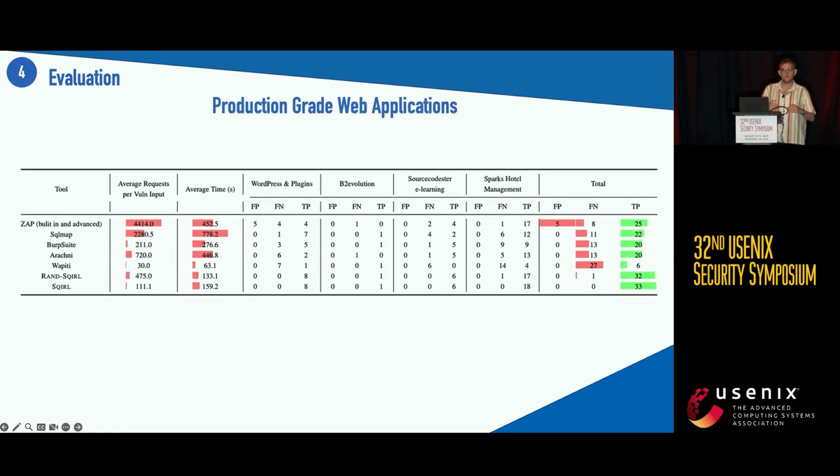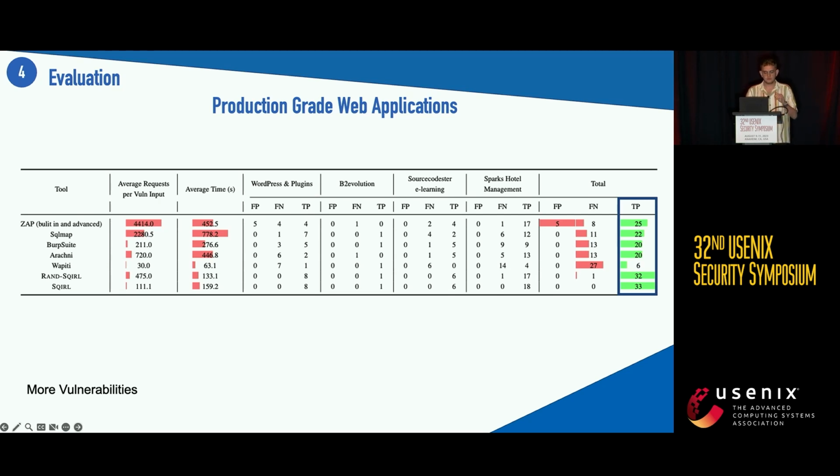We pick 4 web applications that have CVEs from the last year from manual testing, and we throw all the tools at it and see how it does. We see that SQIRL finds more vulnerabilities than any of the other tools.